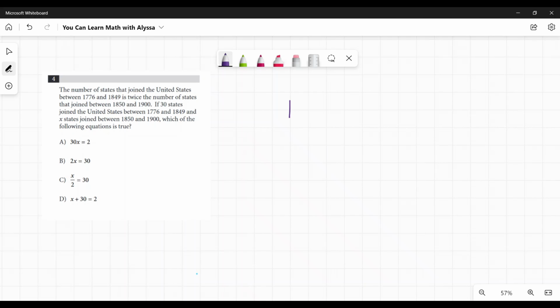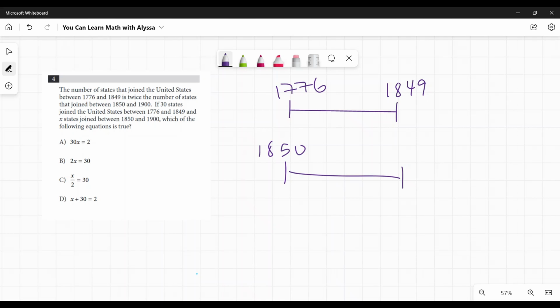So our first one, and I'm just going to write this here just so you have a nice visual. We have from 1776 to 1849, there was a number of states. We don't know how many. Then there was a second period of time, 1850 and 1900.